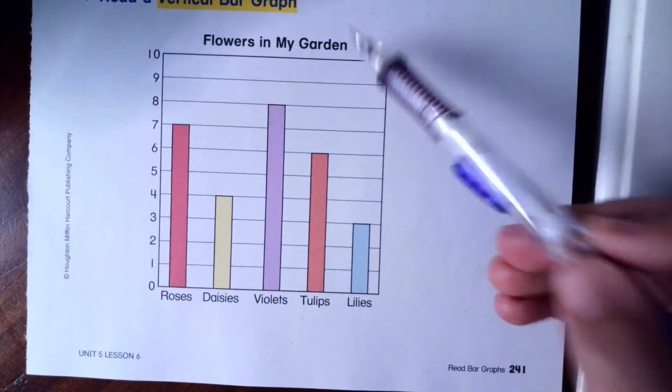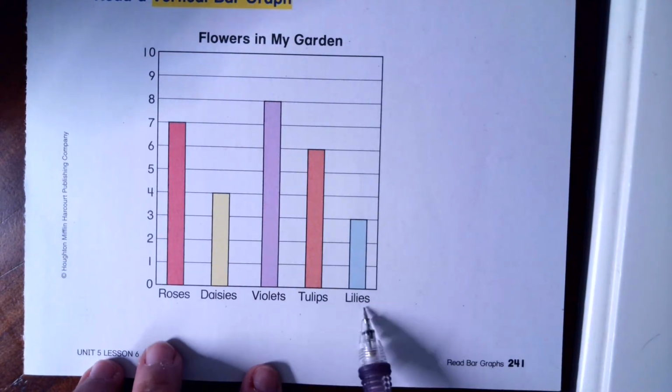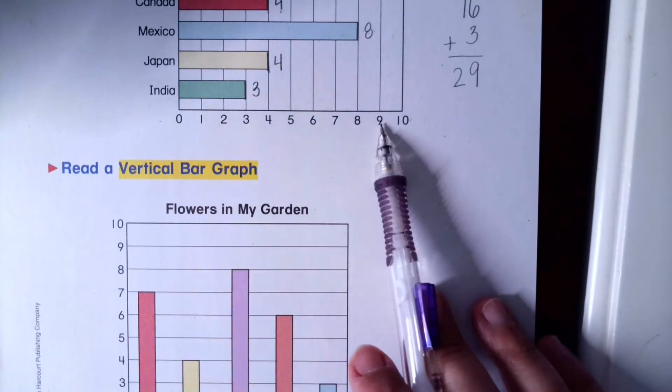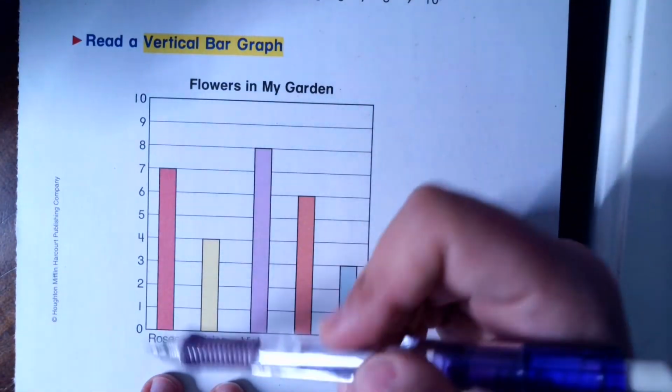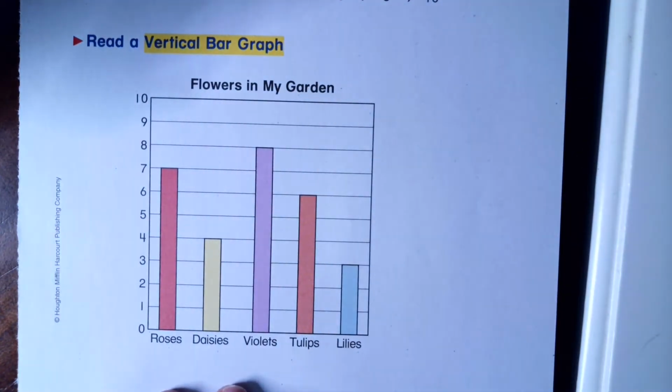So for flowers in my garden, I have roses, daisies, violets, tulips, and lilies. And instead of my numbers being on the bottom, I have my numbers on the side. They still start at 0 and they go to 10.